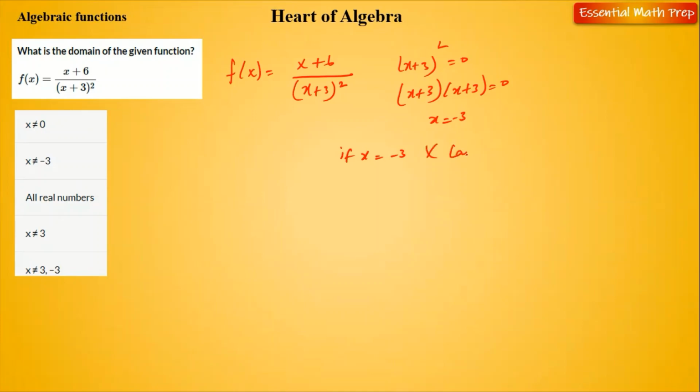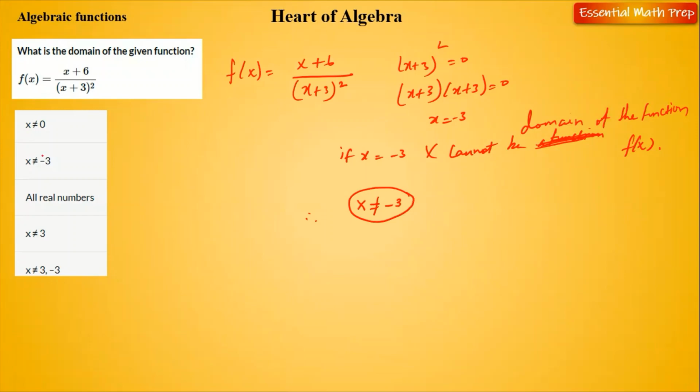So x cannot be in the domain of the function f of x. Therefore, the domain of f of x is all real numbers except x is not equal to -3. So that is the correct answer.